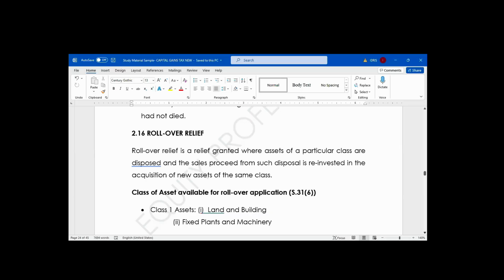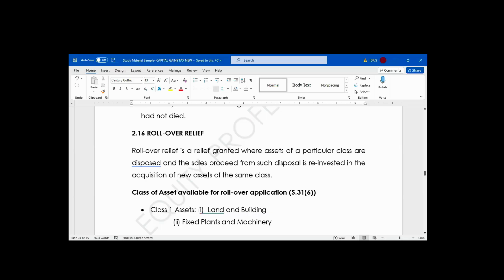But if I want to do tax planning so that I don't pay that capital gain tax, I can defer it. What I will do is reinvest the sales proceeds. That 200 million from the disposal of that land, I will use it to acquire another land.